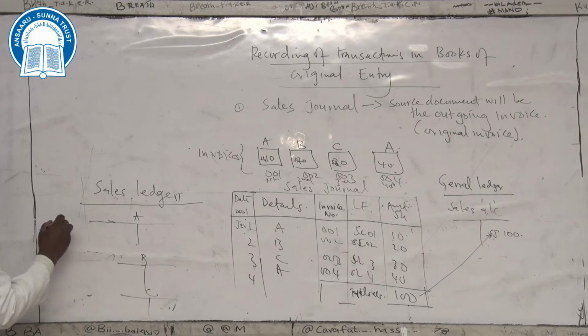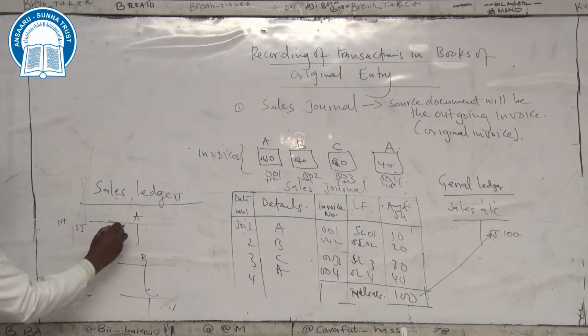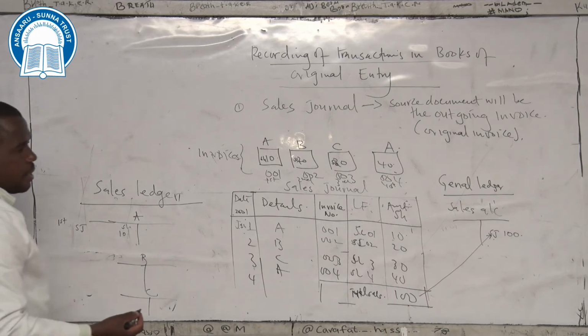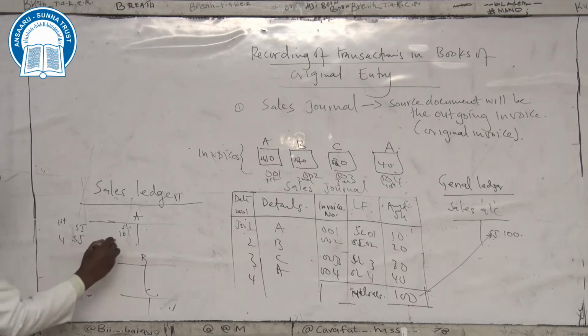So on the first of January, from the sales journal, this customer received goods worth 10 shillings on credit. On the fourth again, from the sales journal, he received goods worth 40 shillings.